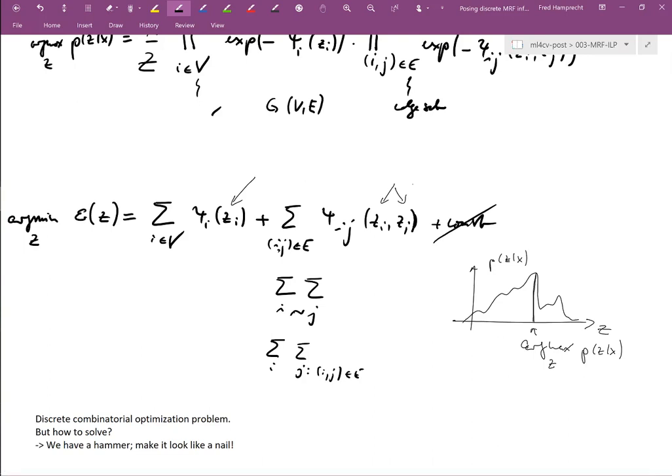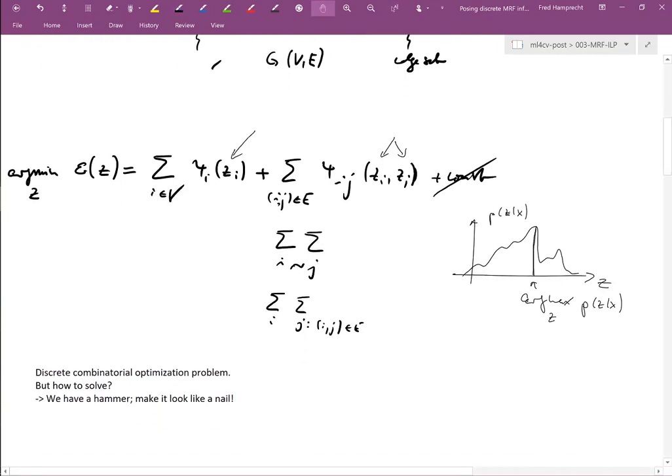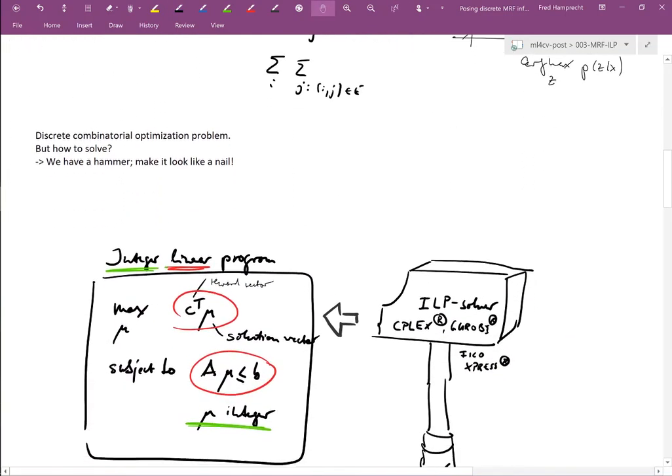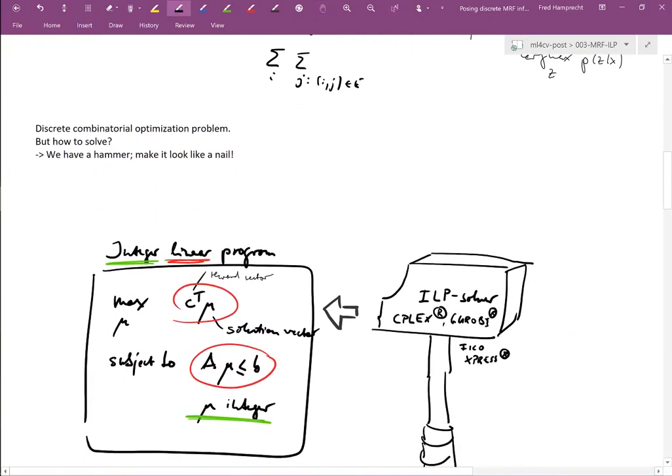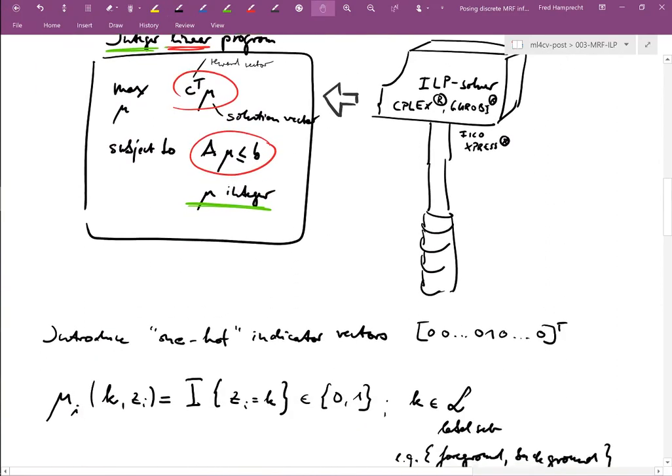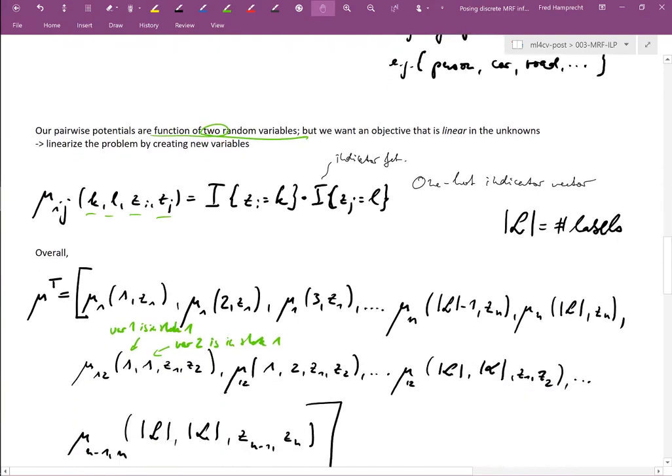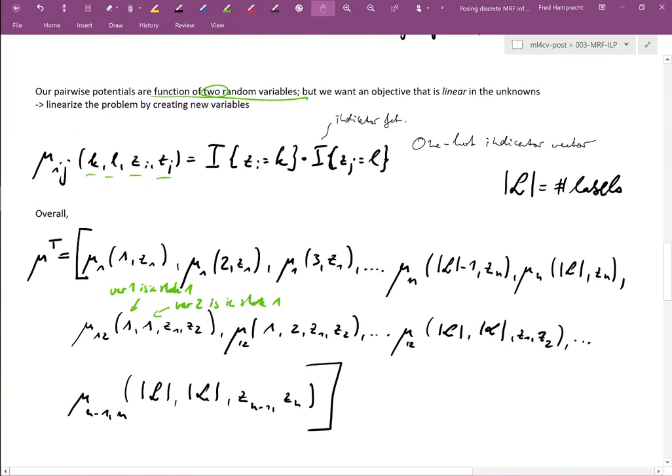And all of these indicator vectors, we collect them in our huge vector mu. Yeah, so this integer linear program was defined in terms of a vector mu.